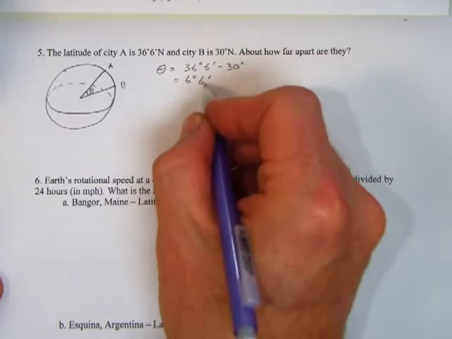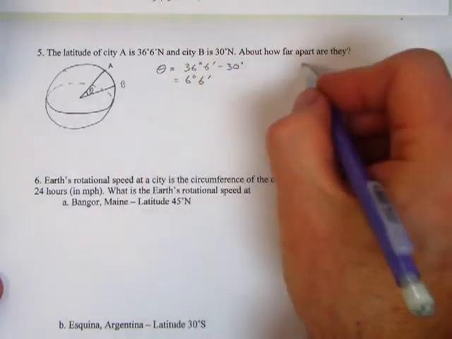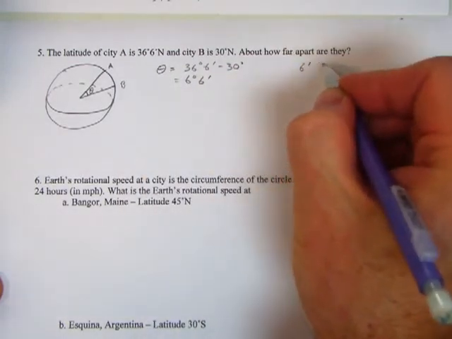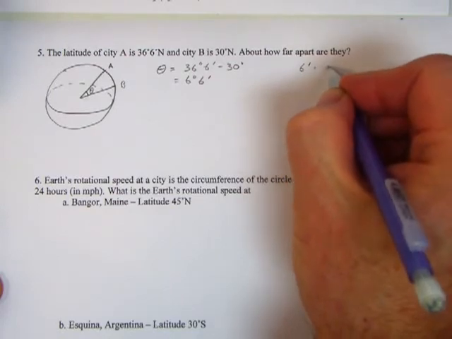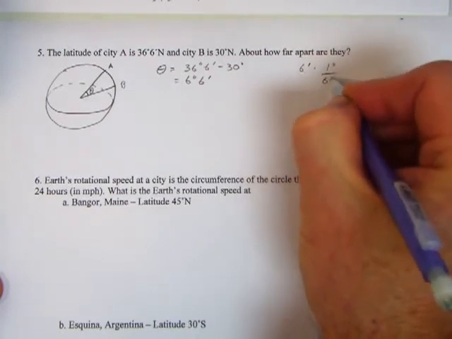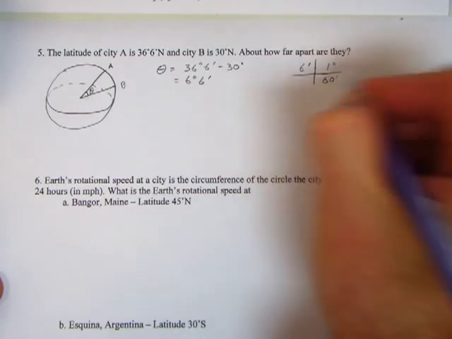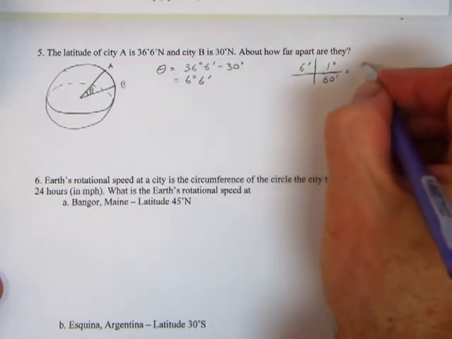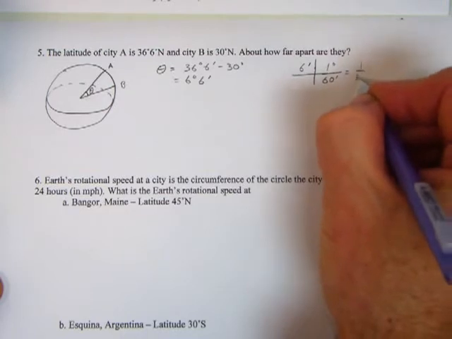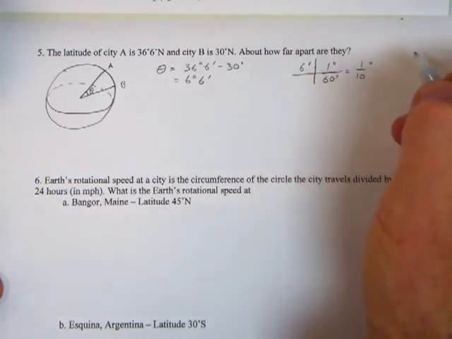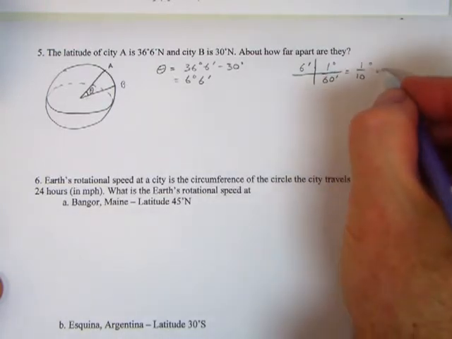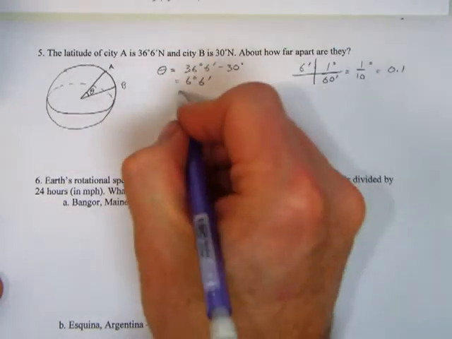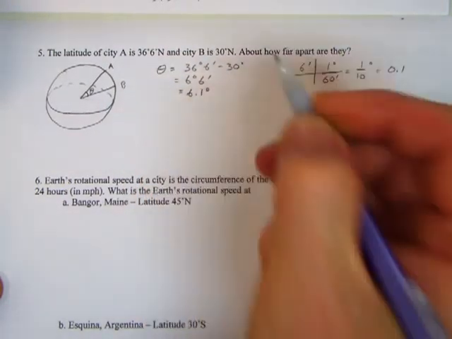We're going to need to convert that to degrees. So what would that be? 6 minutes times 1 degree over 60 minutes, using our railroad track method. We reduce that out and we get 1/10 of a degree, or in other words, just 0.1. So this is equal to 6.1 degrees.